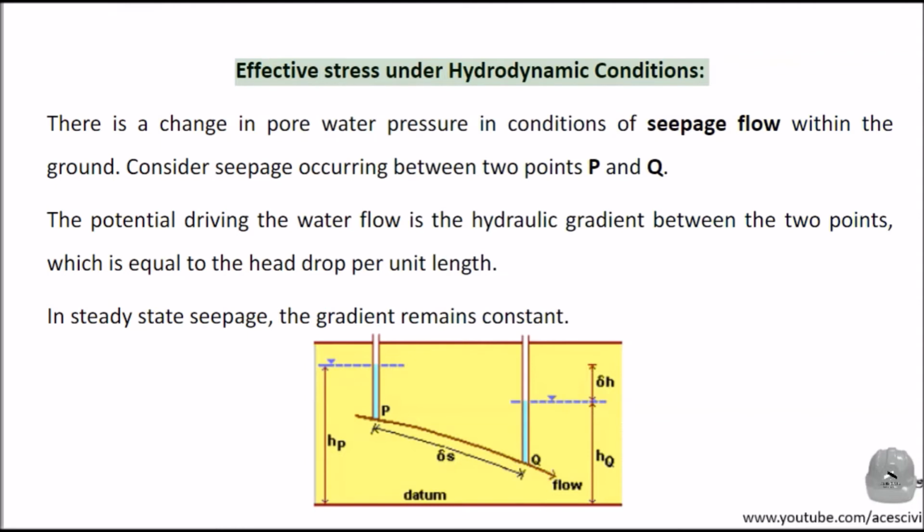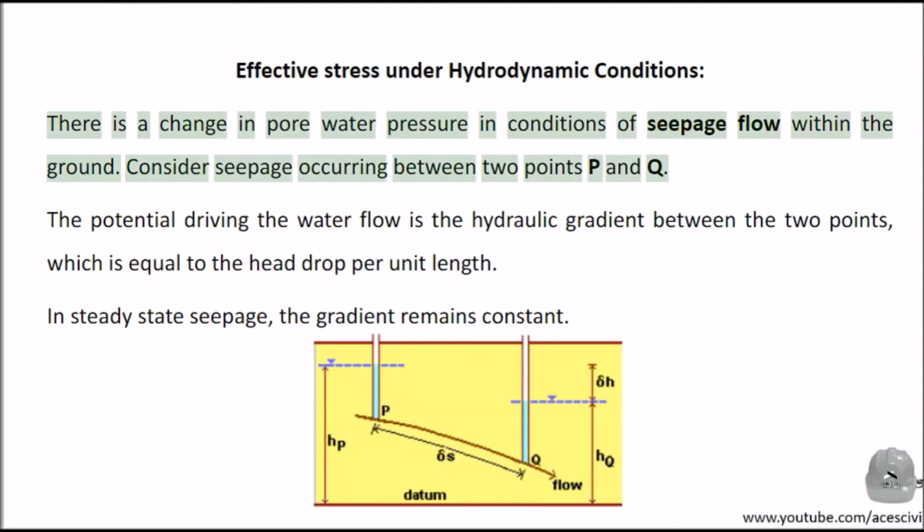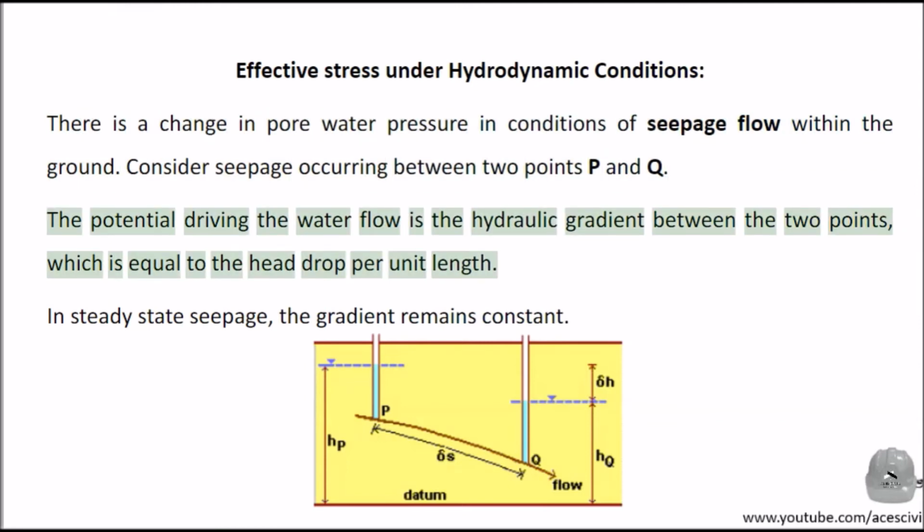Effective stress under hydrodynamic conditions. There is a change in pore water pressure in conditions of seepage flow within the ground. Consider seepage occurring between 2 points P and Q. The potential driving the water flow is the hydraulic gradient between the 2 points, which is equal to the head drop per unit length.